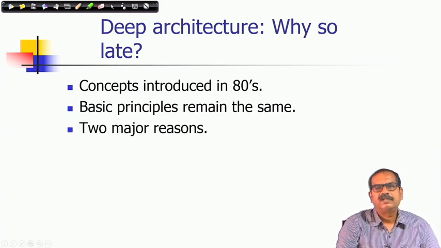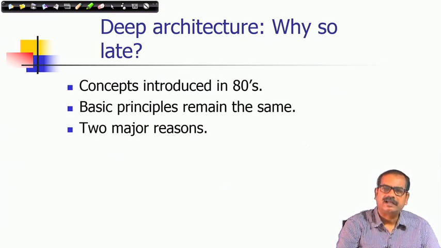So, there are two major reasons why it has arrived today. It's a historical reason. That means the progress of technology and science is what led to every kind of new technological advancement.